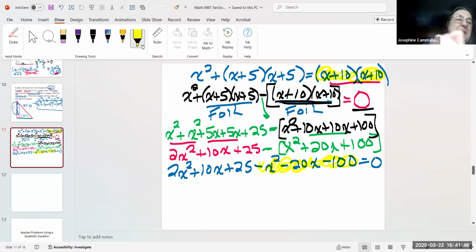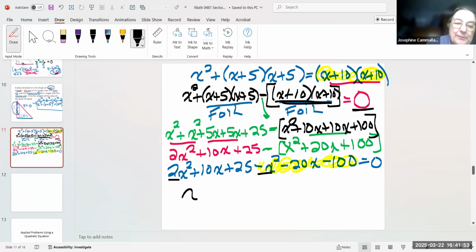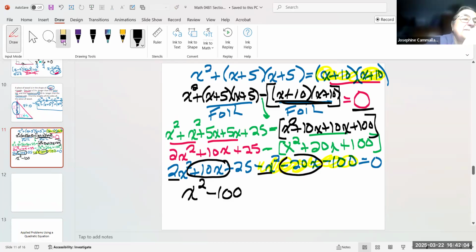Now we're going to combine terms. This 2x squared and negative x squared is giving me x squared. Positive 10 and negative 20 give me negative 10x.